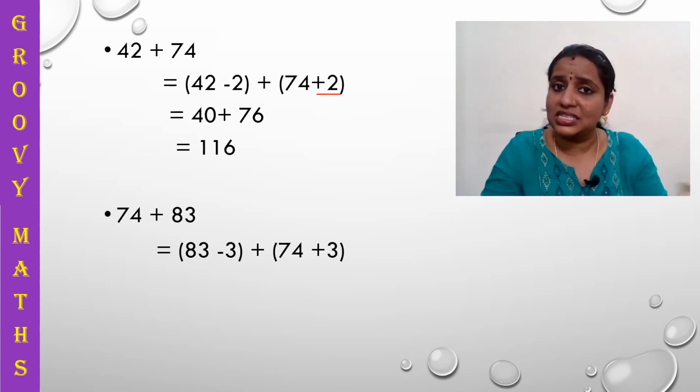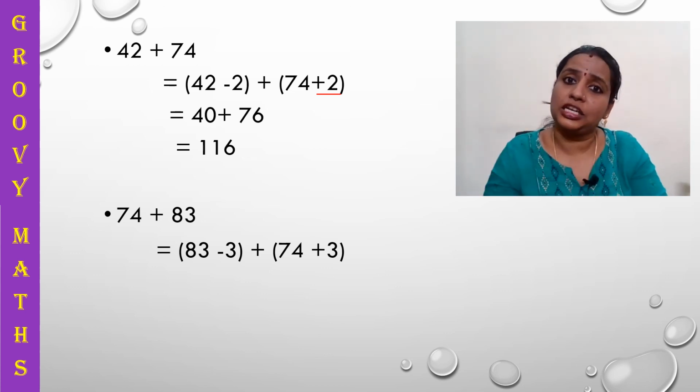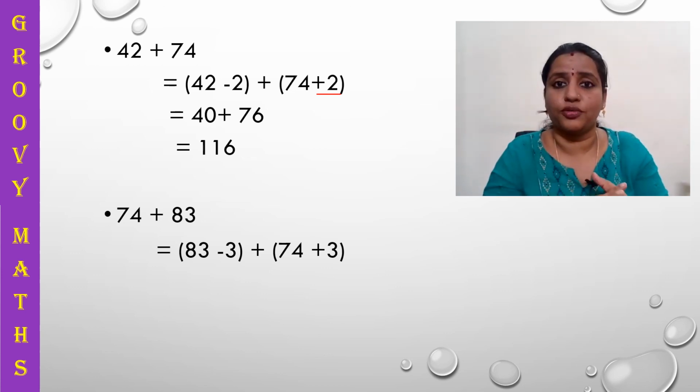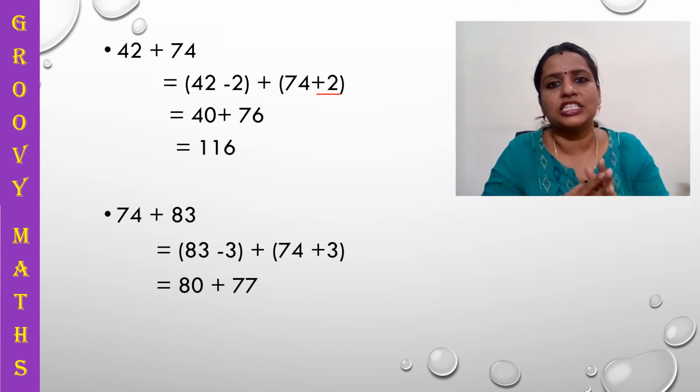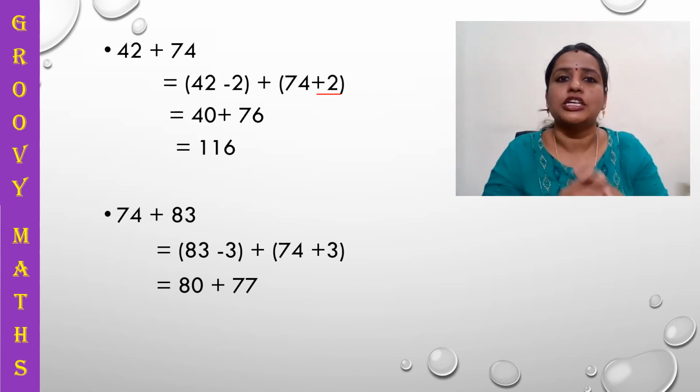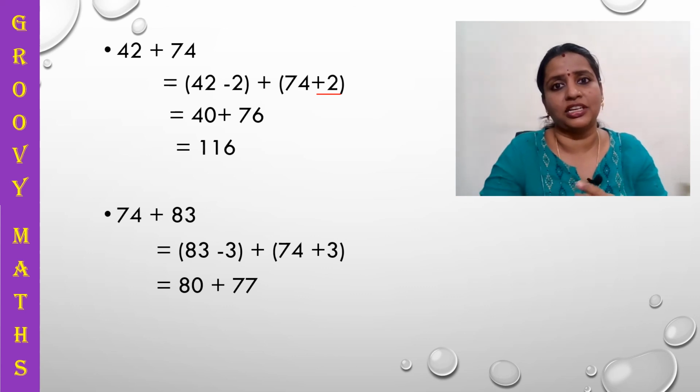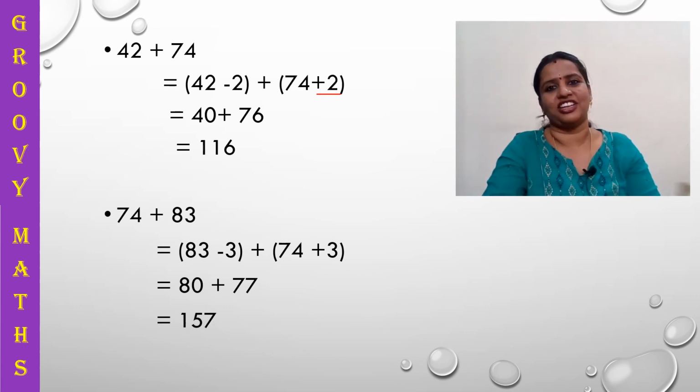Next number here is 74. So I'll add the 3 to 74, which will give me 77. So 83 minus 3 will give me 80 and 74 plus 3 will give me 77. Adding these two, I'll be getting 157. So 74 plus 83 will give me 157.